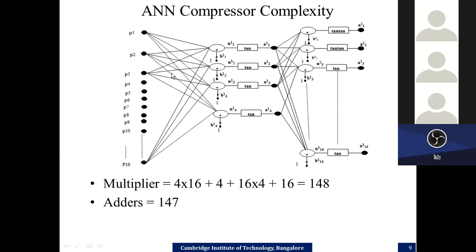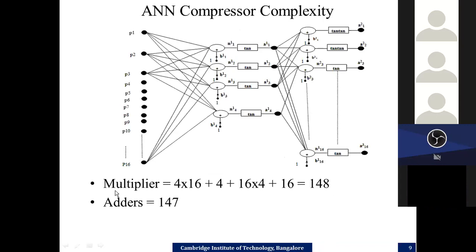So for a compressor and a decompressor to be implemented on hardware, the total number of multipliers required are 4 into 16 at the input side, again 16 into 4 at the output side, 4 for the biases, and 16 for biases at the output side.